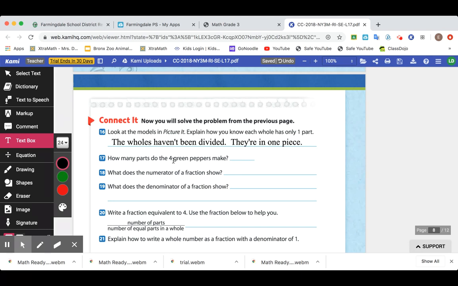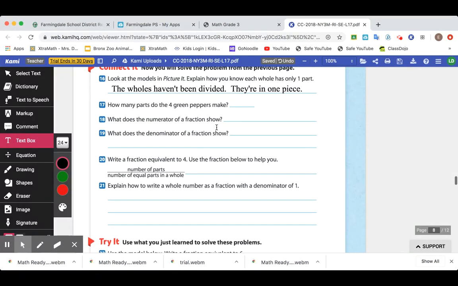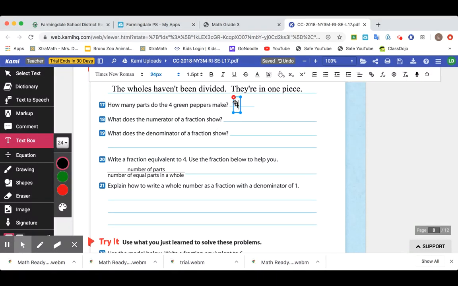How many parts do the 4 green peppers make? Well, if I count all 4 green peppers, we have 1, 2, 3, 4 parts, right? So there, it makes 4 parts. And what does the numerator of a fraction show? That's really the number of parts you have, the number of parts you're counting.